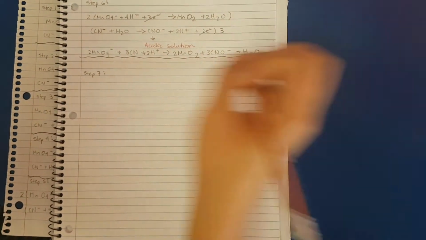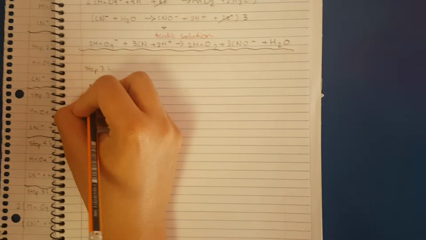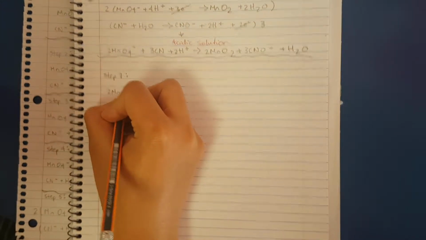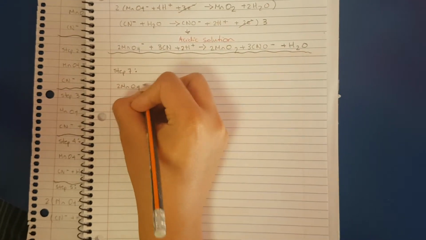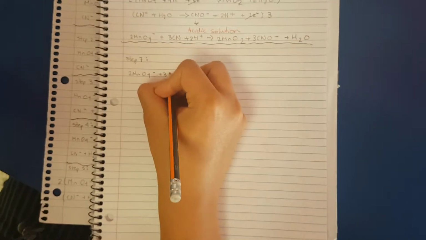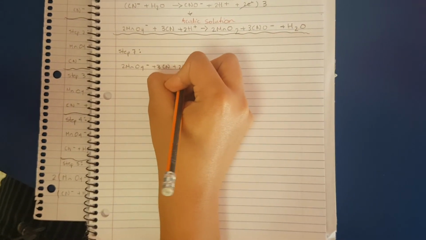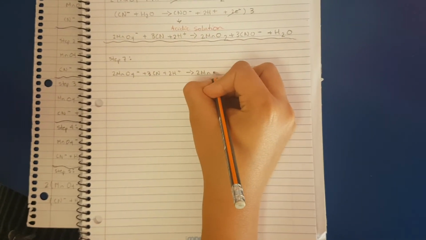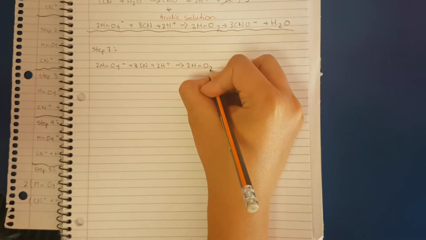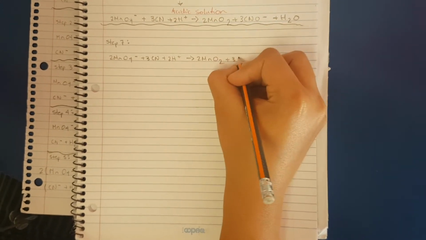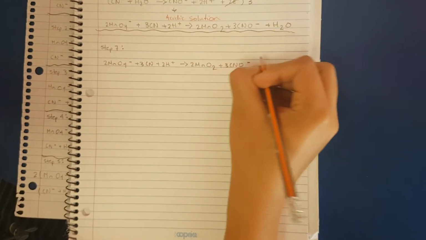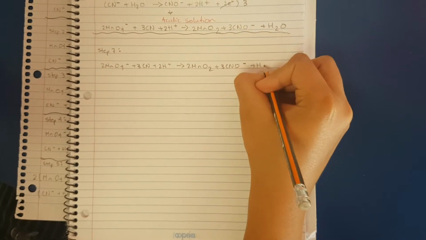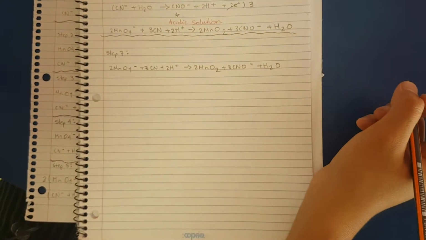So I'm gonna copy it again, and it will be 2MnO4 negative plus 3CN plus 2H plus, 2MnO2 plus 3CNO negative plus H2O.